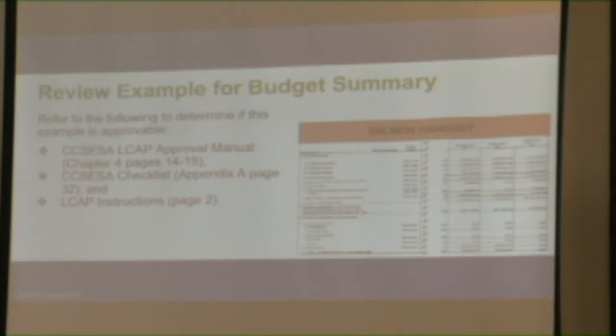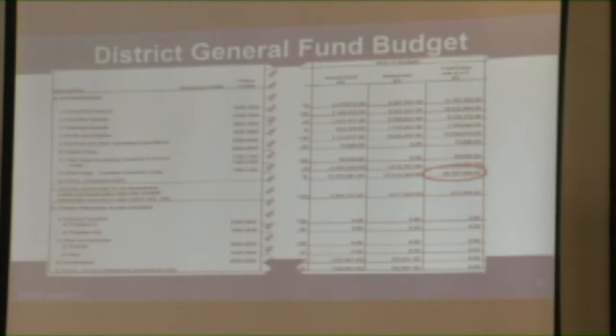And where we can find direction for this will be in the CISESA LCAP manual, pages 14 and 15, also page 32, and LCAP instructions on page 2. So for our sample, we have 48 million would be the dollar amount that we're looking at for the total general fund budget expenditures.